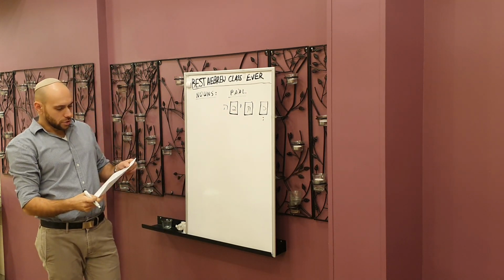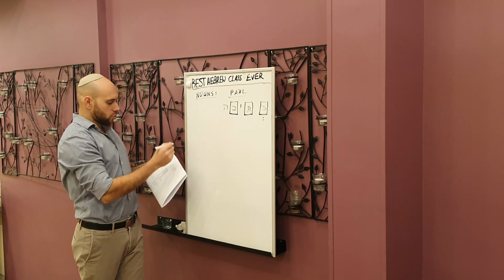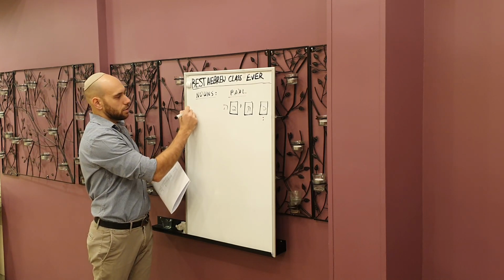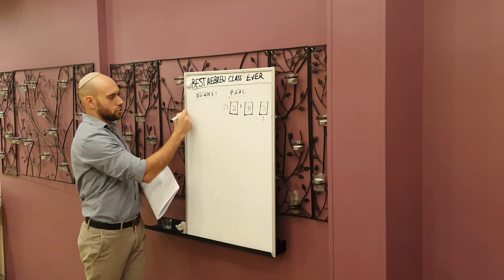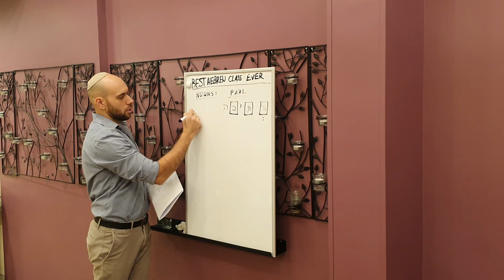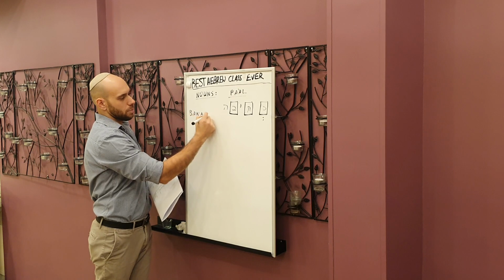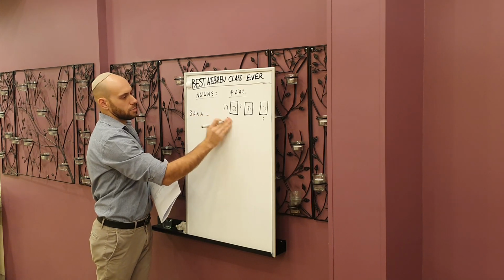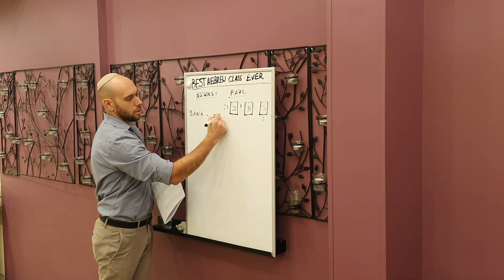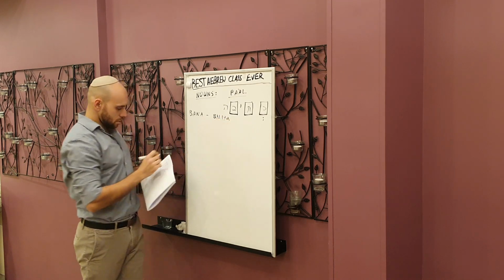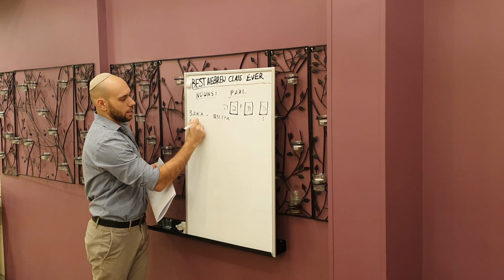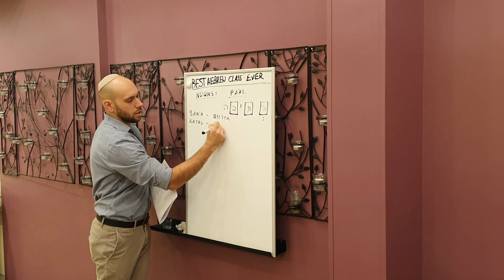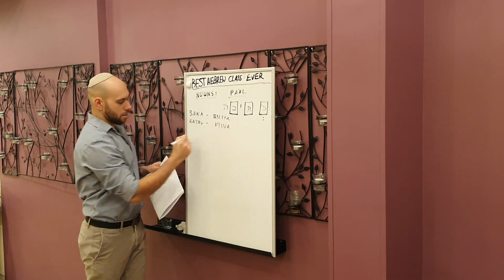So you see the pattern here, right? You've got bana. Here, I'm gonna do it in transliteration for you guys to see it clearly. You got bana, bniya. You've got katav, ktiva.